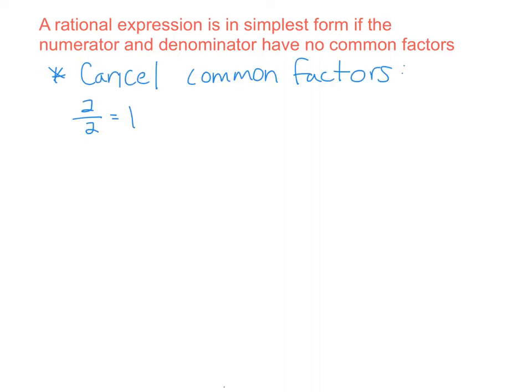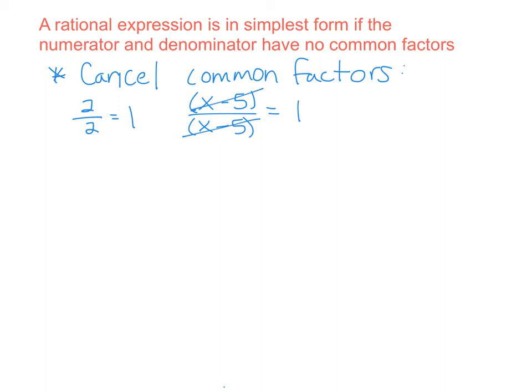We can do the same thing with quantities like x minus 5 over x minus 5. That whole quantity on top cancels with the whole quantity on bottom, and we have 1. So we're going to look at how to cancel factors.